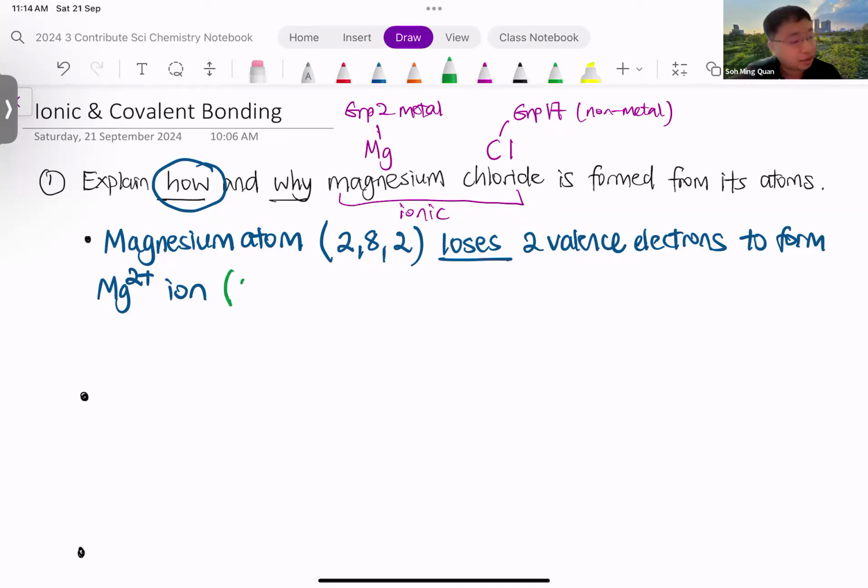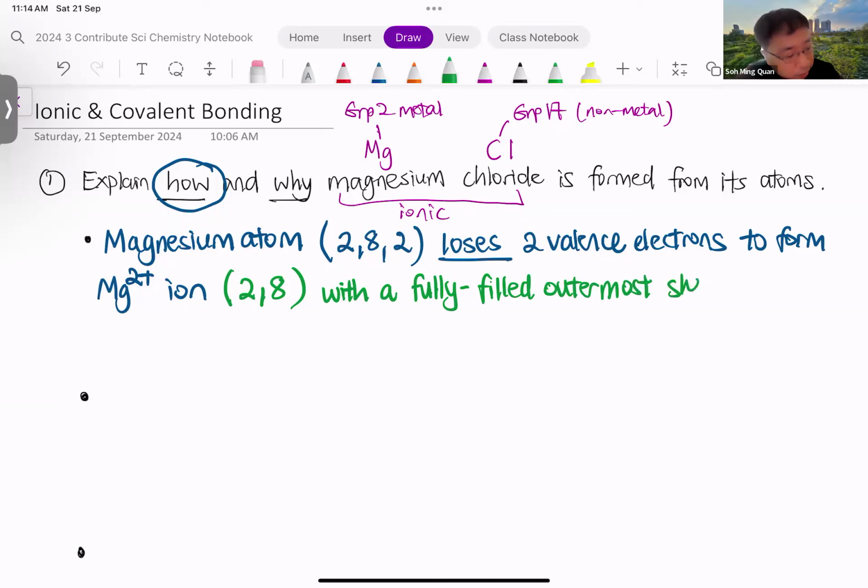After you have lost 2 valence electrons, you now have 2, 8 in the ion. So the electronic configuration of Mg2 plus is 2, 8. The idea behind 2, 8 is that it's stable, because it has a fully filled outermost shell.